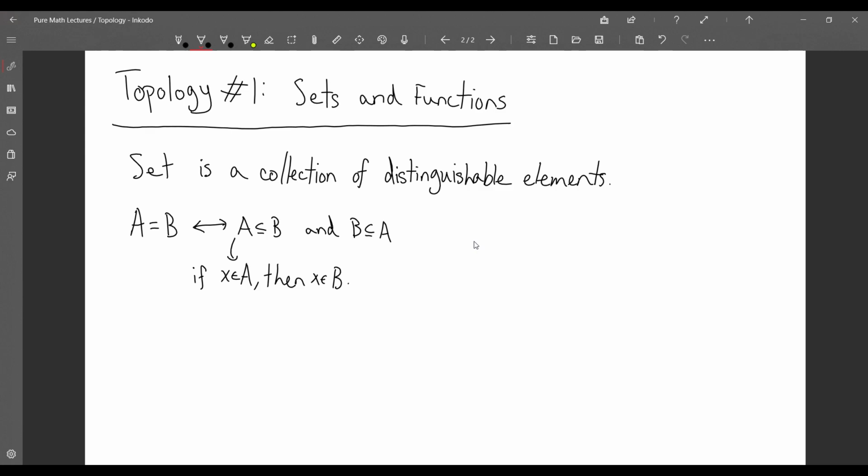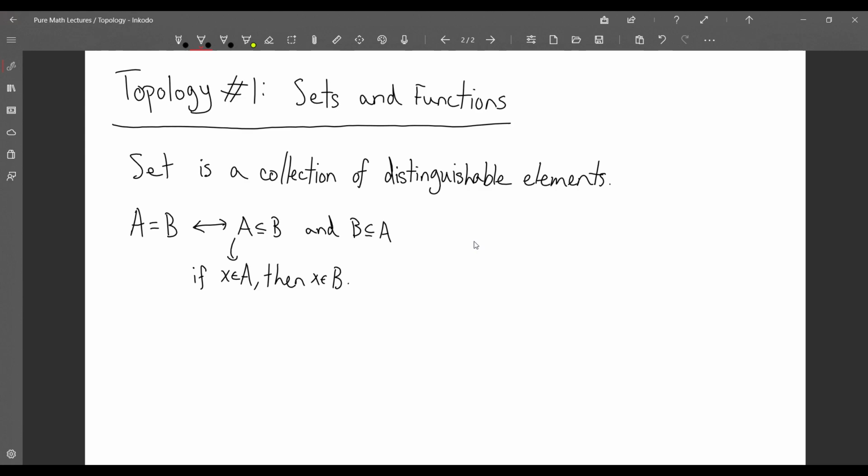So all the properties that we're going to define have to stem from statements about the elements of those sets. Again, this seems like a silly thing to denote as a theorem, but it's important because this is the way most of the time that you're going to prove two sets are equal.